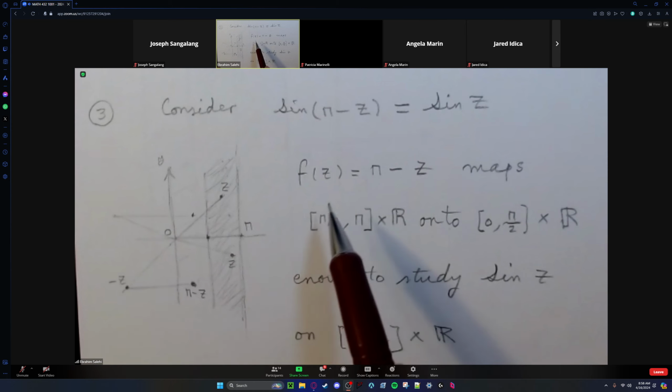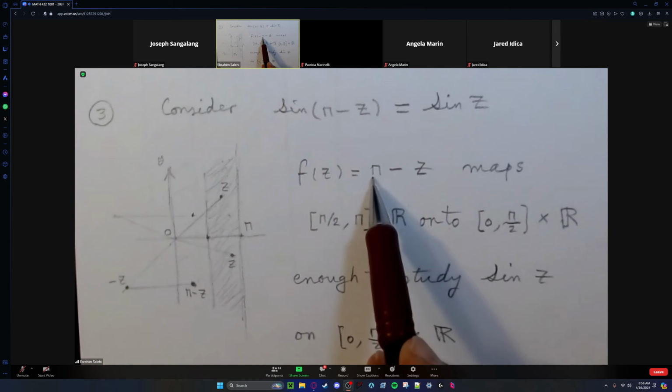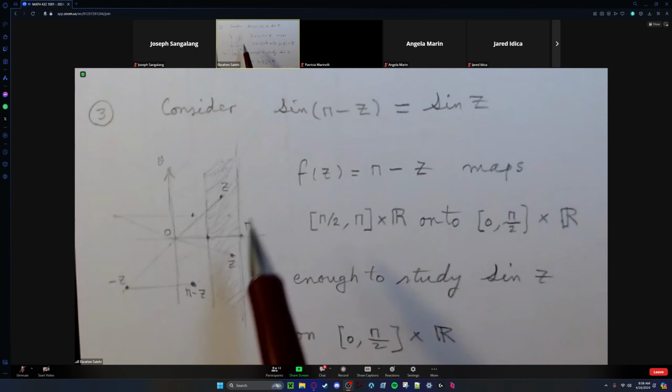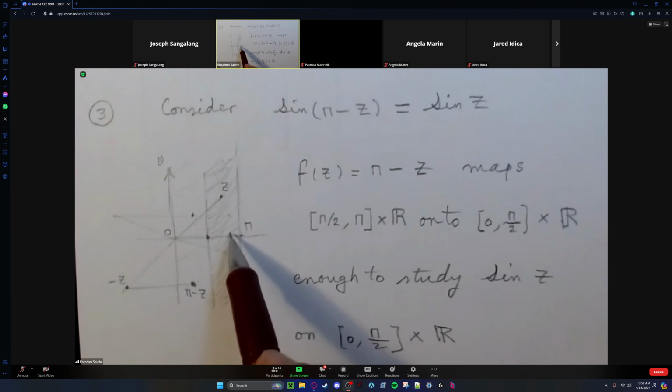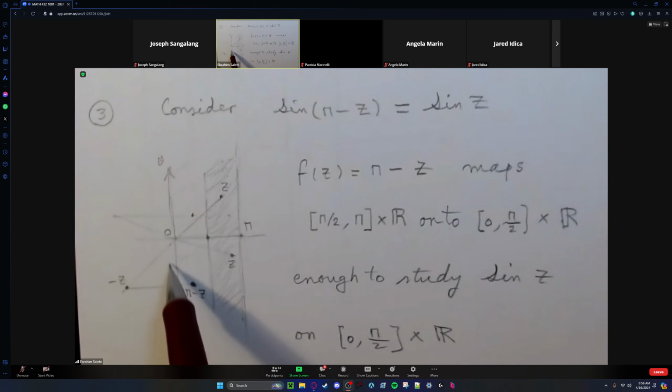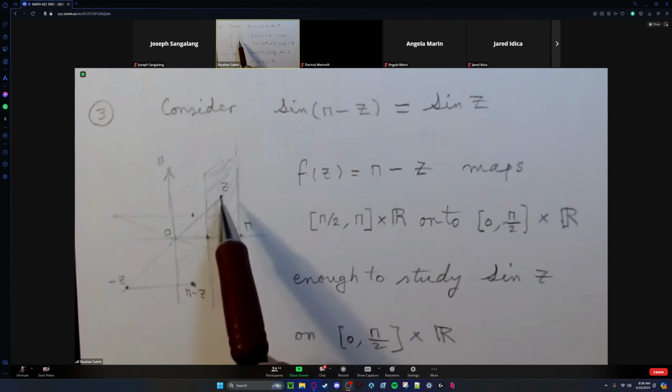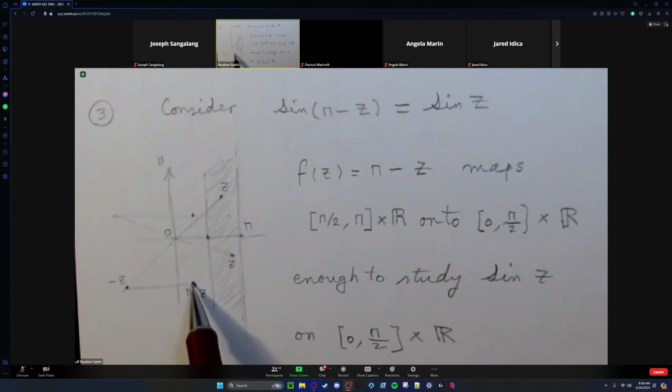Which means pi minus z maps this shaded area to this strip, and when you apply sine, the sine of z and pi minus z is the same.